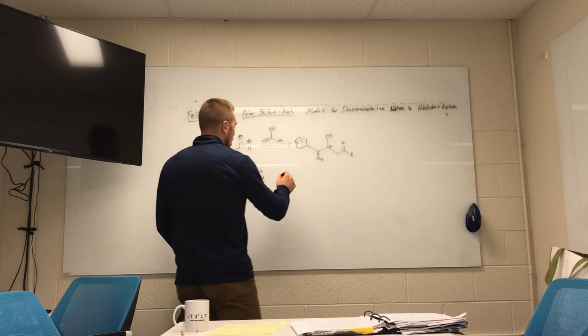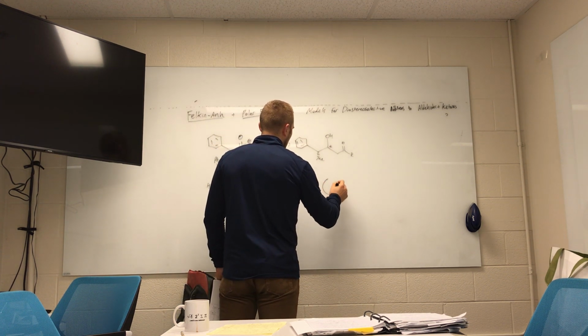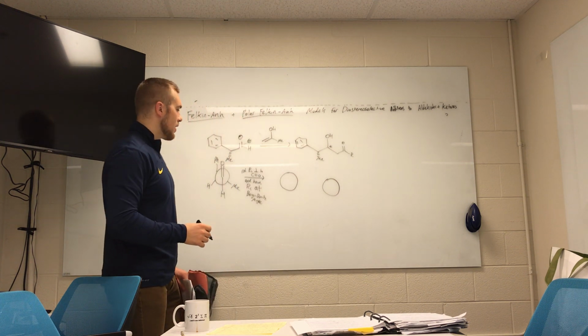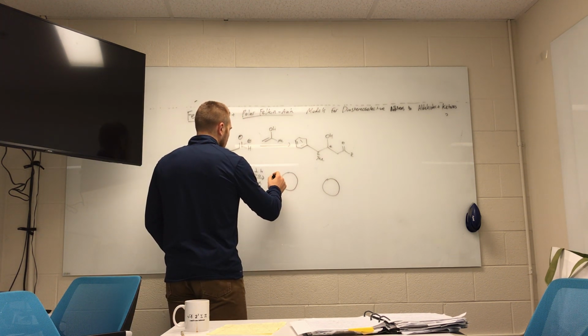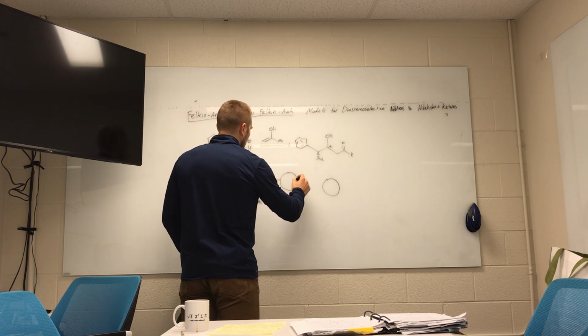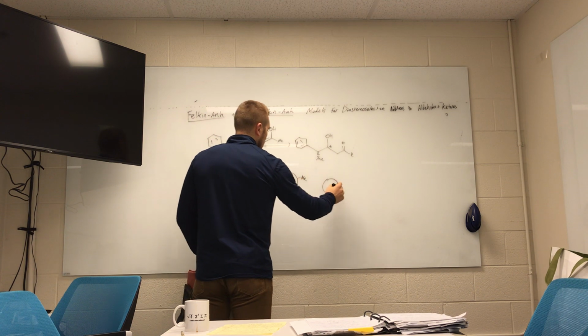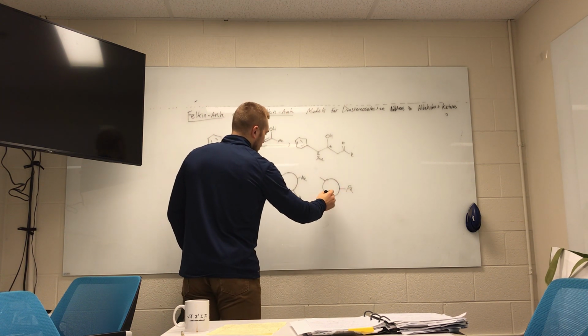So let's just draw two possible conformers. We'll decide which one satisfies both these conditions. The easiest condition to satisfy will be we'll just put our phenyl group perpendicular in both of these. In one case like this, the other case like that.